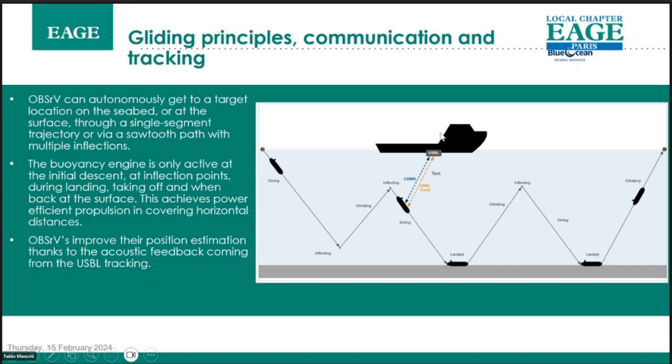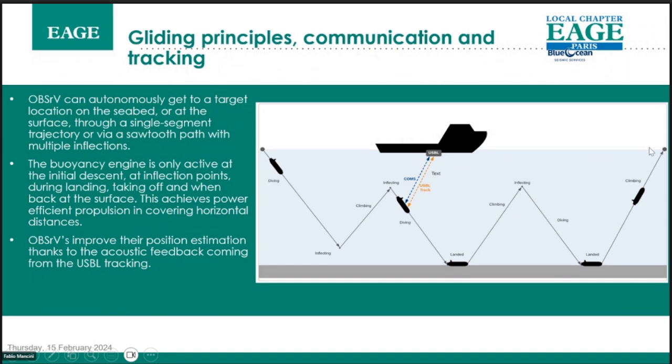What we need to guide it is acoustic information from the surface. This will tell the unit where it is, and then the unit autonomously, as I said, will reposition. Once the unit is triggered to change to a new position, it can just take off and go to the next position until its mission is over.